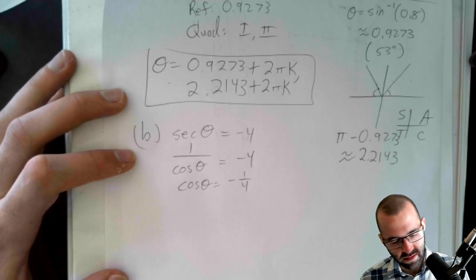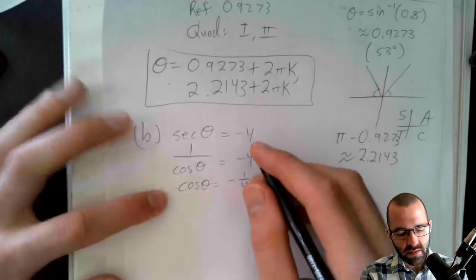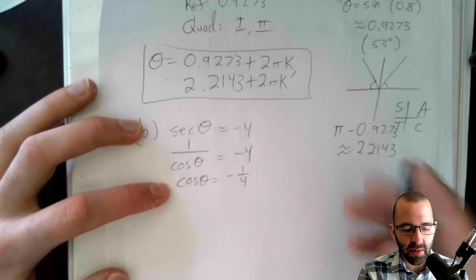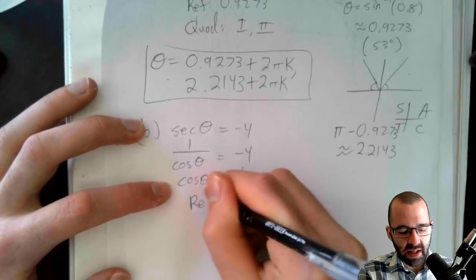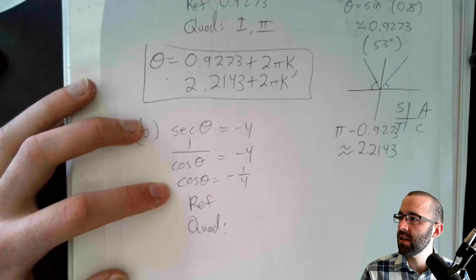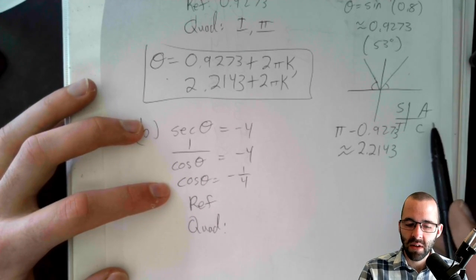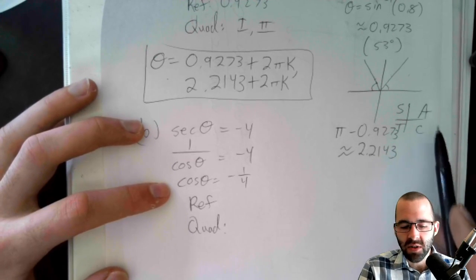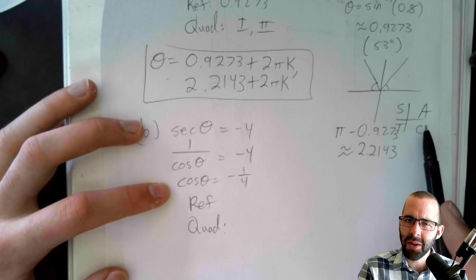Okay. And now this just becomes exactly like we had it before. We need to find our reference angle. We need to find what quadrants cosine's positive in. Everything's positive in the first quadrant, right? So cosine's positive in the first quadrant.